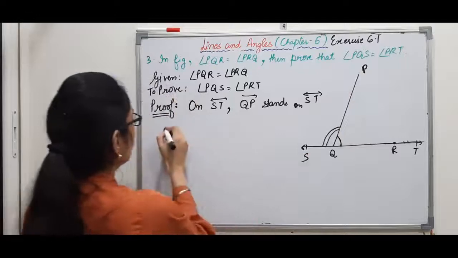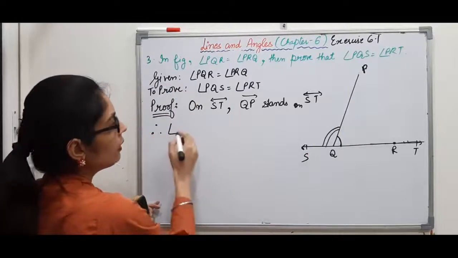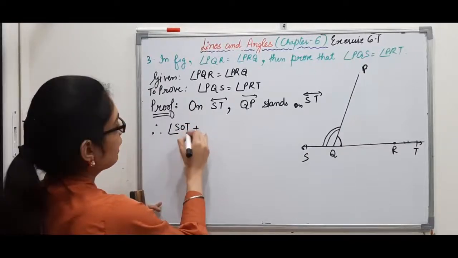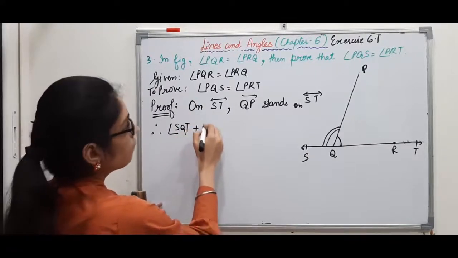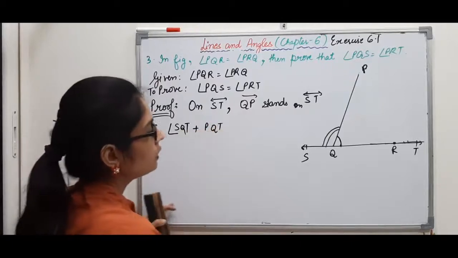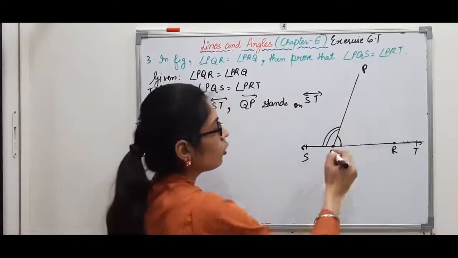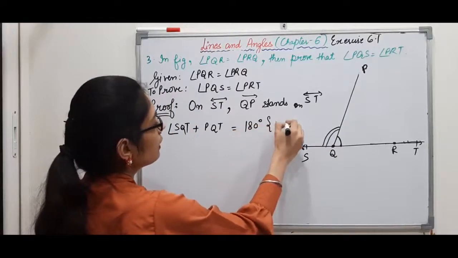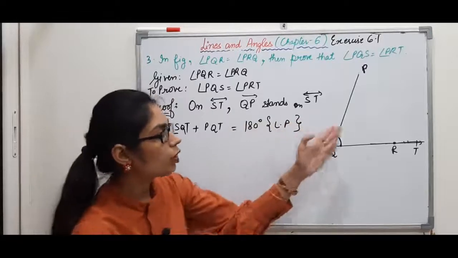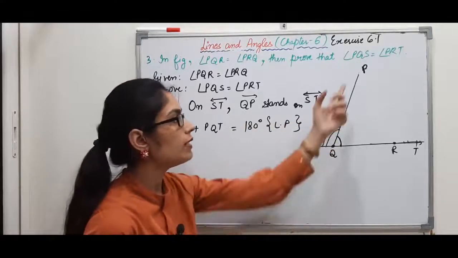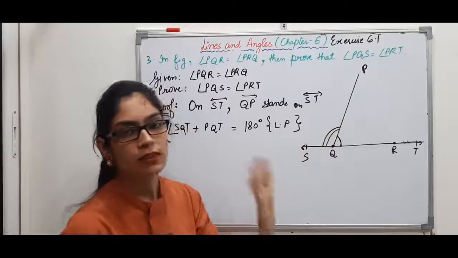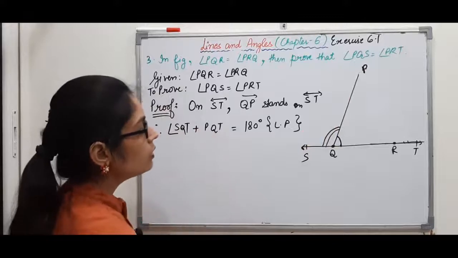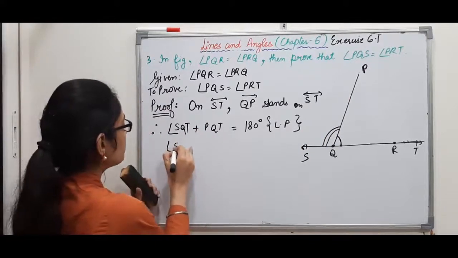Therefore, I'll write angle SQT plus angle PQT. Because they are sharing a common vertex and a common arm, it is equal to 180 degrees. That is the linear pair axiom: because they form a pair of adjacent angles, if any ray stands on a line, then the sum of the adjacent angles is equal to 180 degrees.